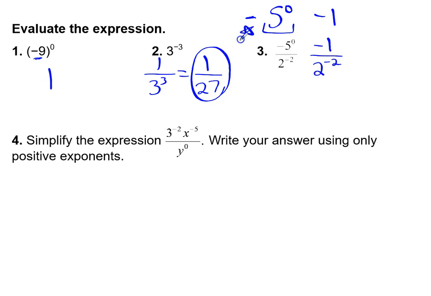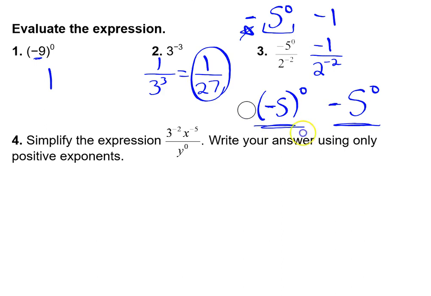Sometimes this piece right here is kind of tricky. Negative 5 to the 0 power, with and without parentheses, mean two different things. On the first one, the negative is part of what's being taken to the exponent. On the second one, the negative is something that happens after the exponent. So we have to be careful with those.